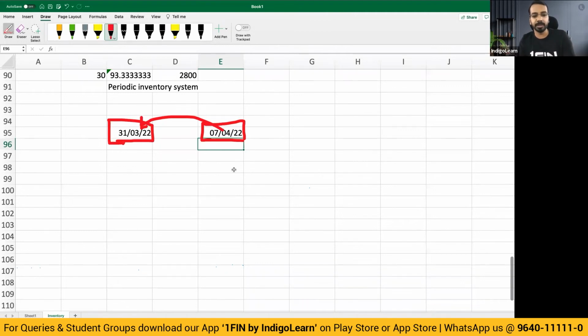For example, on this date, when we physically verified, there are 100 units of inventory. In fact, I have taken inventory of bookstores and of clubs. We actually took inventory of half bottles of whiskey and all of that. We used to total and then tell, okay, this is the inventory of beverages available. So we had to estimate.